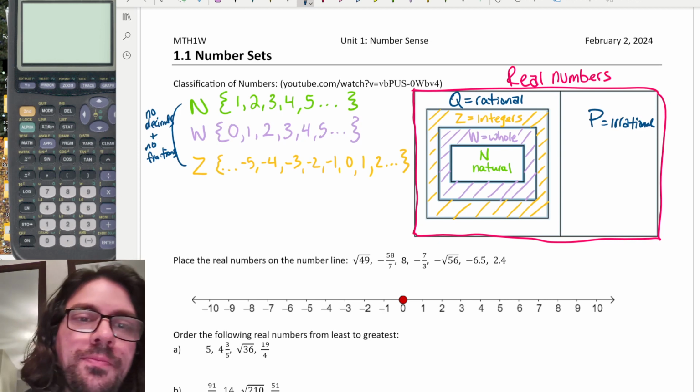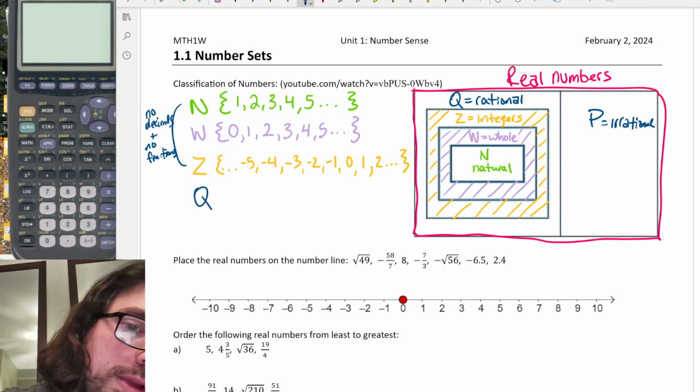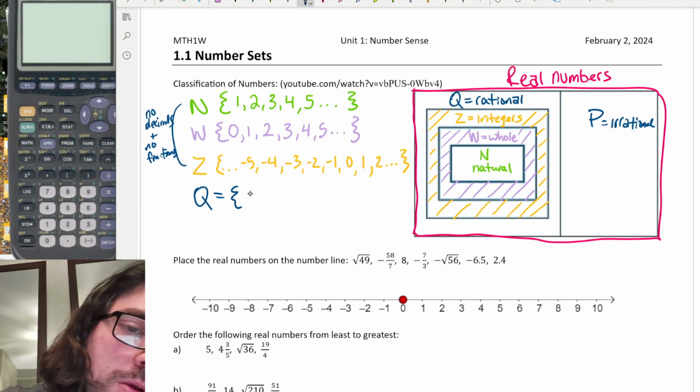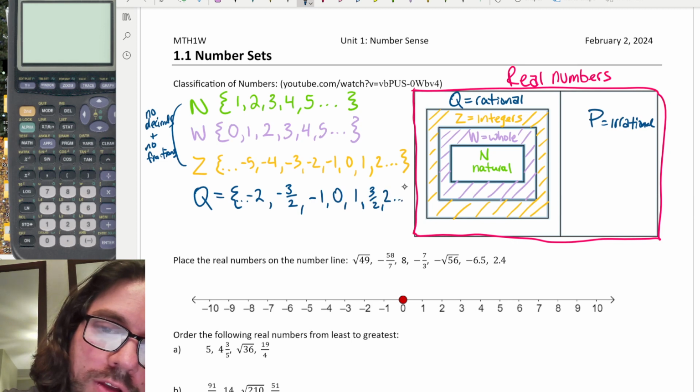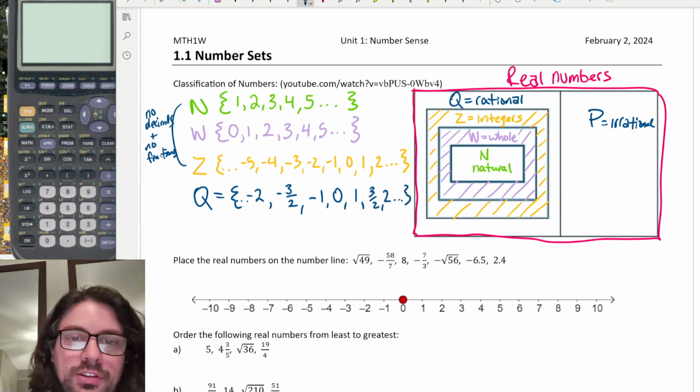Right? And then when we get outside of that, we can get Q, which now would have, say, -2, but you could also have -3/2, -1, 0, 1, 3/2, 2, ... And now we allow fractions and decimals.